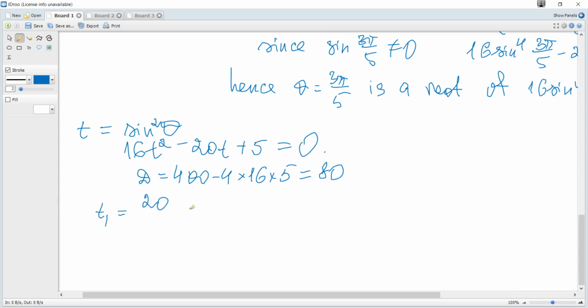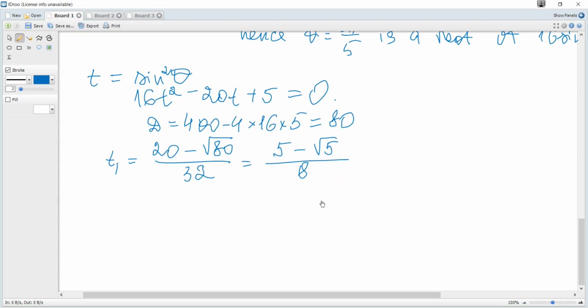hence the roots are t1 is minus b, 20, minus root of 80, over 2a, 32. We can simplify it, and 80 is 16 times 5, root of 16 is 4, and if we divide each term by 4, in the numerator and in the denominator, we get the next: 5 minus root 5 over 8, and it's what?